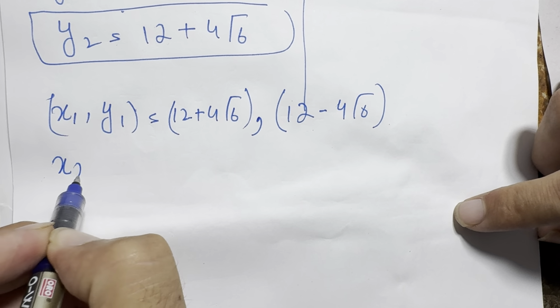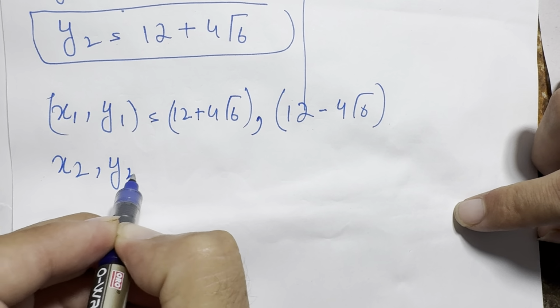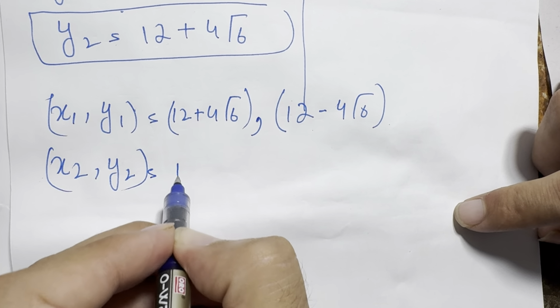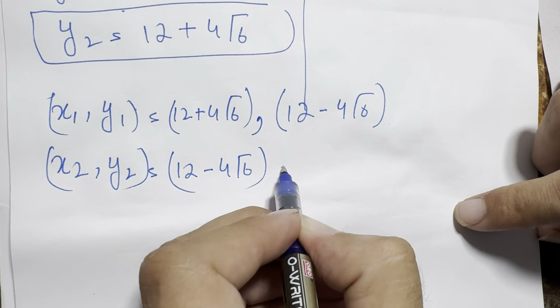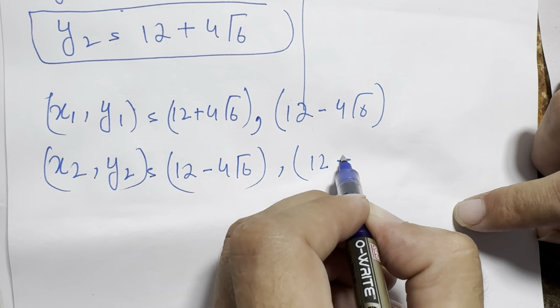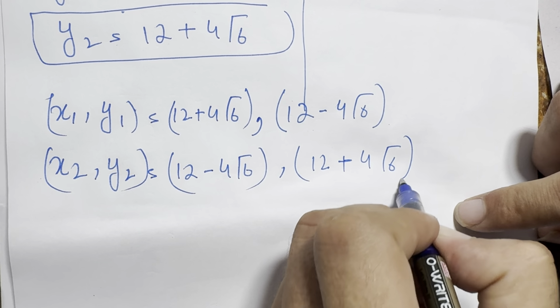And x2, y2 will be equal to 12 minus 4 under the root 6, comma 12 plus 4 under the root 6.